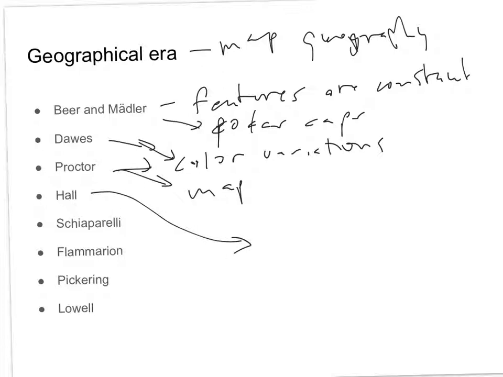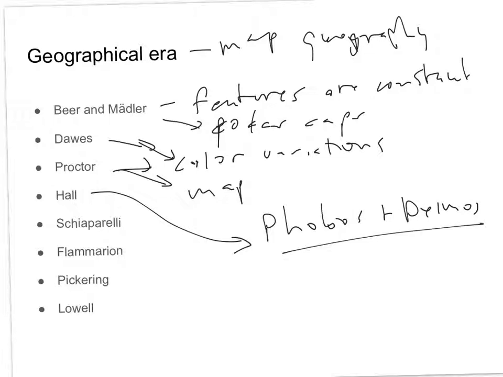Okay. A.S.F. Hall. What's his claim to fame? The moons. Phobos and Deimos. And he did some other things, but that's really what he's most known for.